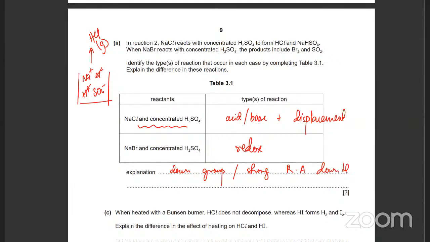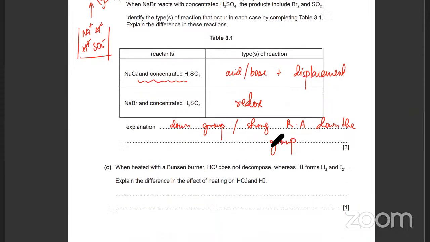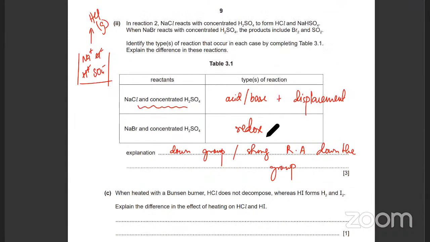So they lose electrons easily. Is that clear? Yes, sir. So if you had NaI, the redox reaction would be even stronger.